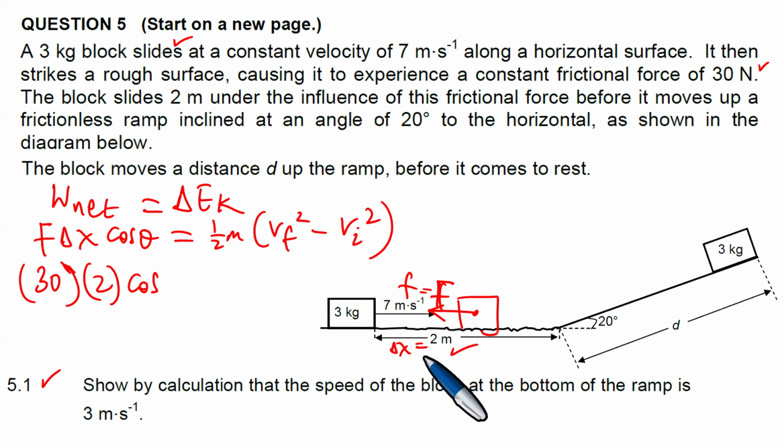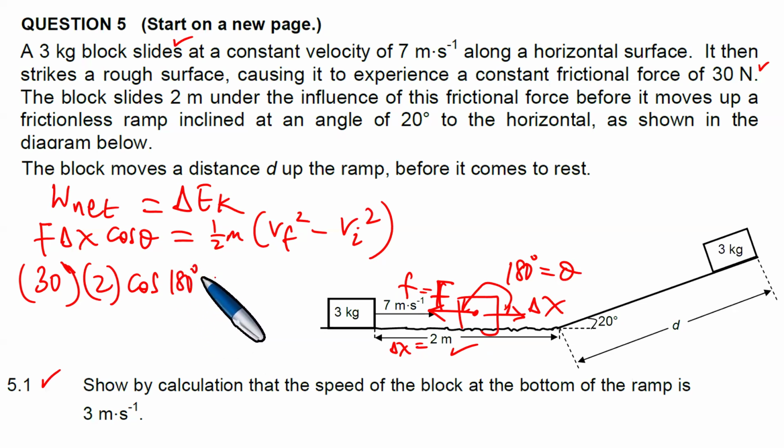The displacement is in that direction, so delta x is in that direction. The angle between these two is 180 degrees, so we have cosine 180 degrees.